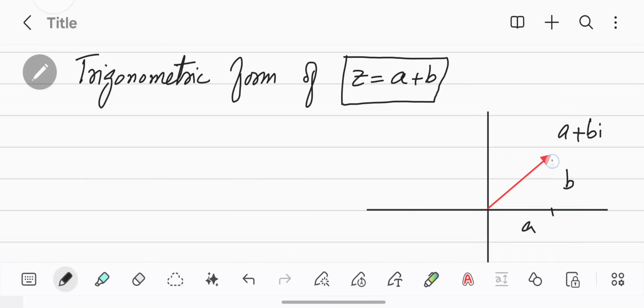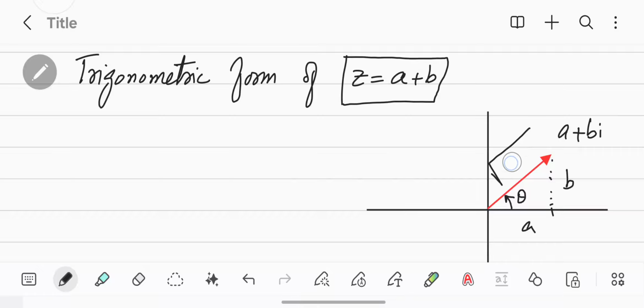So we have studied previously, we can always define this modulus, which is just the square root of the square of A plus the square of B. We know that this angle is called the argument. The argument is equal to theta, right?